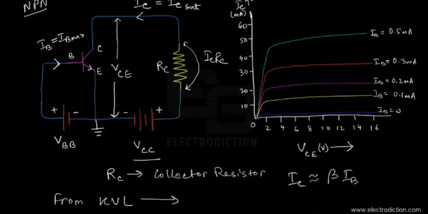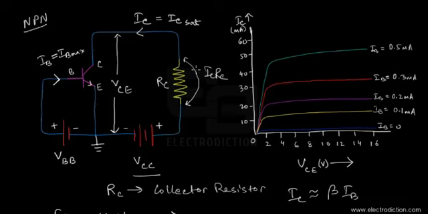And this phenomenon would occur because the BJT just behaves as a shorted circuit component.